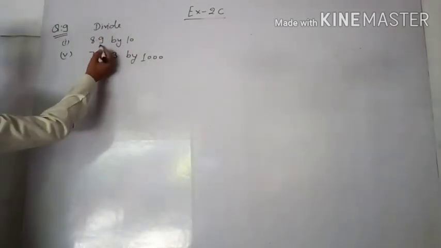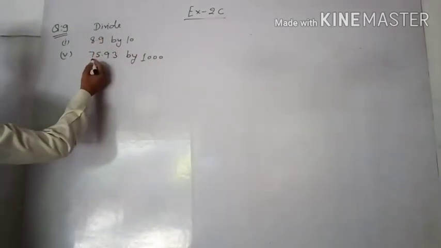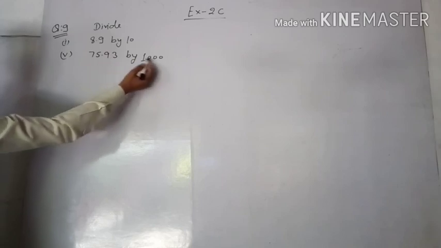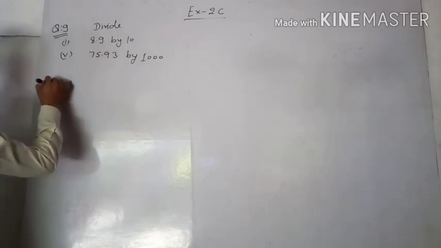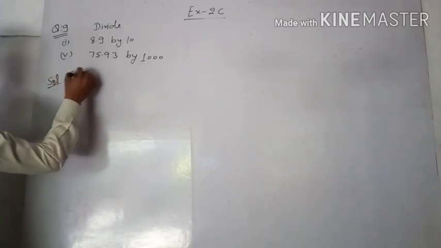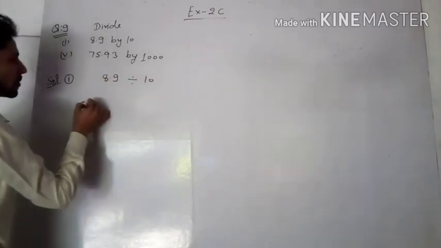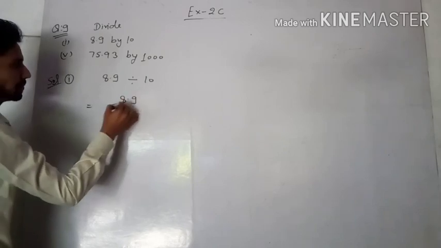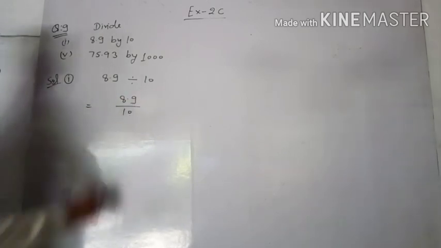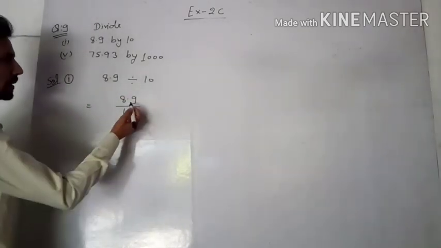Divide 8.9 by 10, and 57.93 by 1000. So first, 8.9 divided by 10. How many zeros are there? 1.